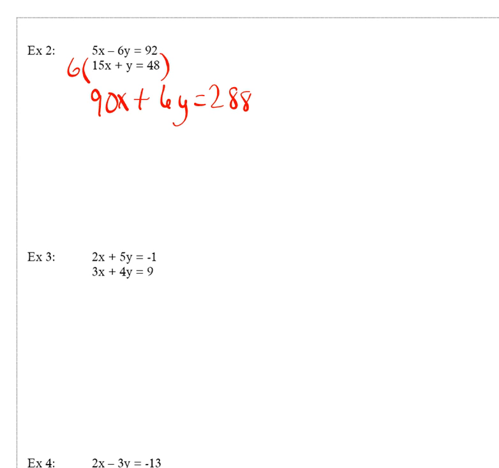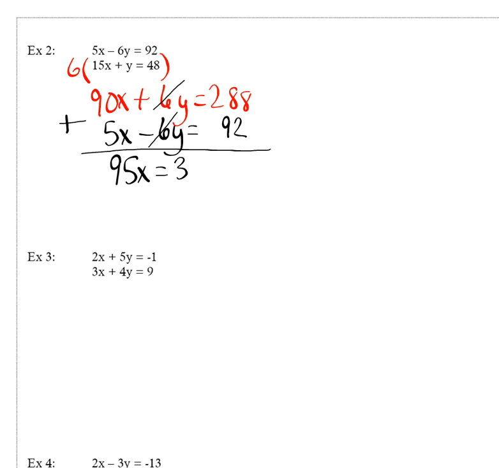Bring the other equation down underneath. 5x minus 6y equals 92. Adding those together, my y's cancel. I get 95x equals 380, and x equals 4. There's one of my variables.